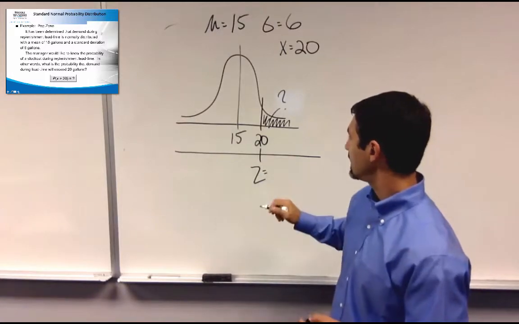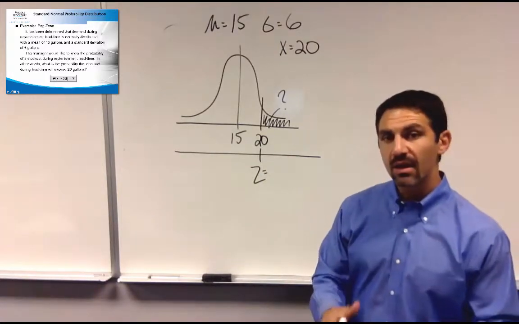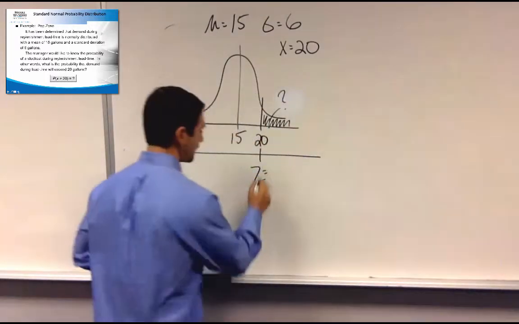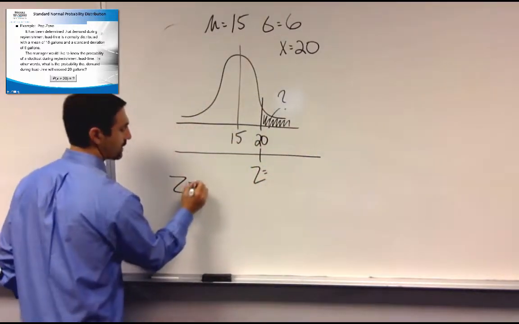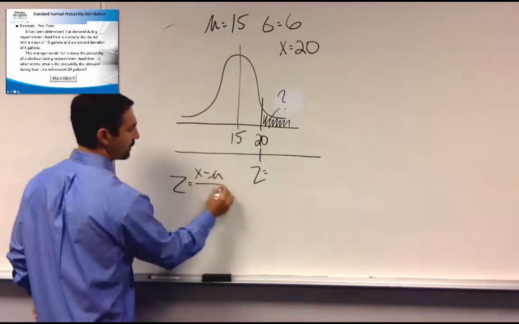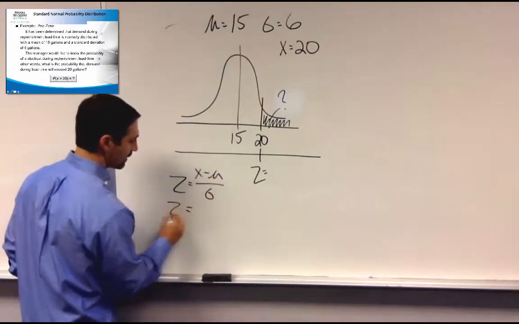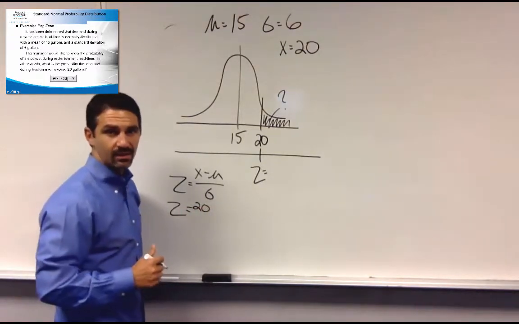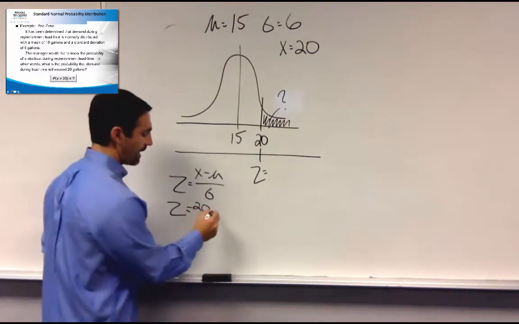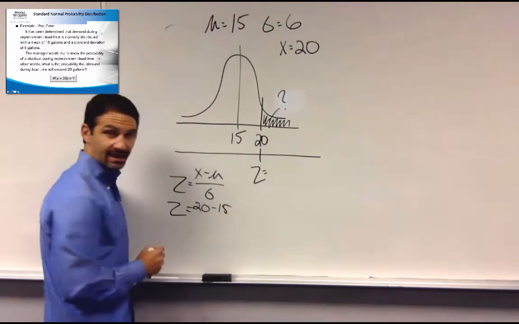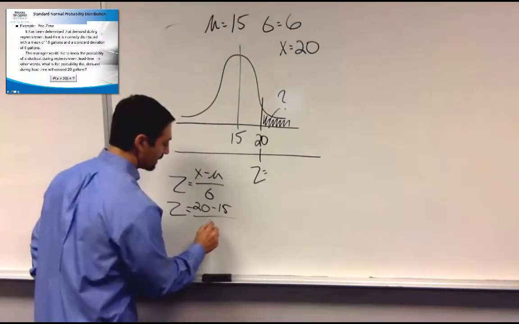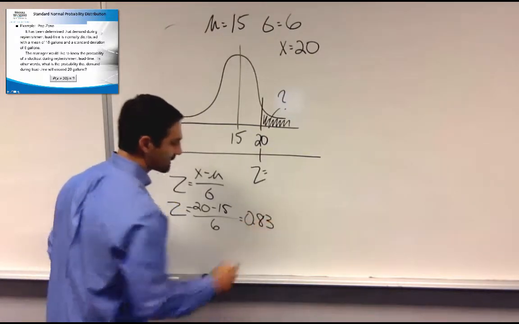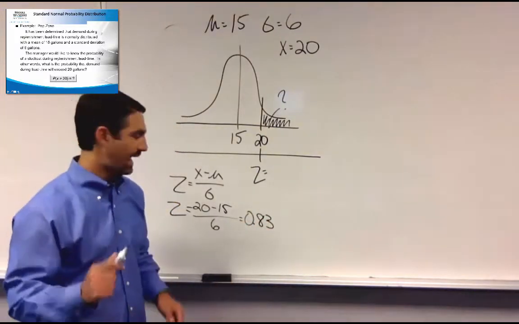To come up with a z-score, again, it's the number of standard deviations away from the mean. In this case, we're talking about x minus mu over standard deviation. That would be 20 because that's our value of x. That stock out amount minus the mean divided by standard deviation gives us a z-score of 0.83.